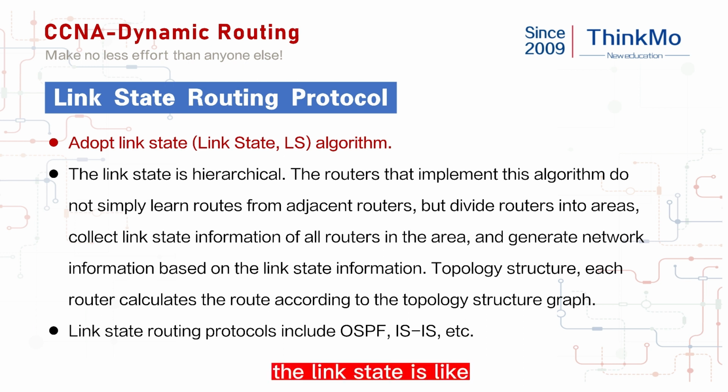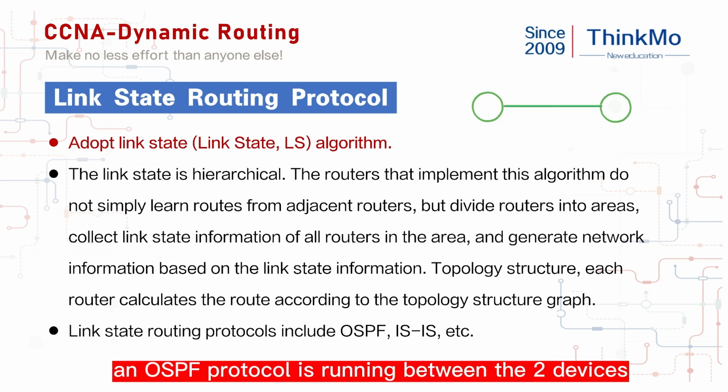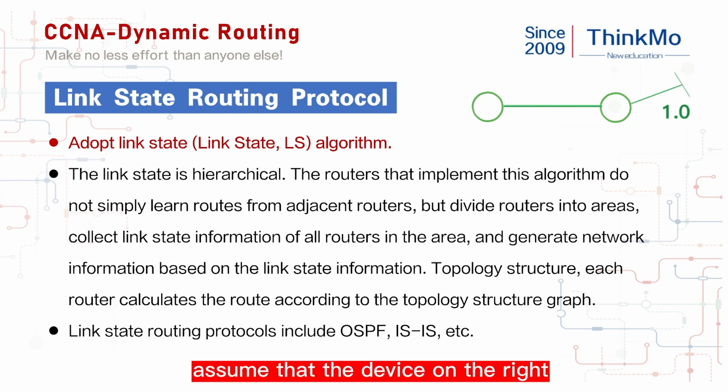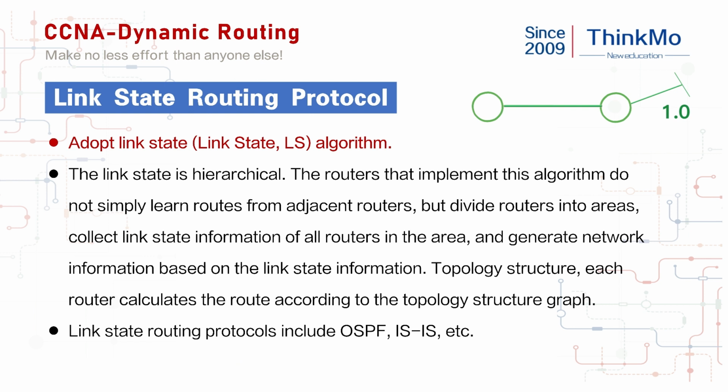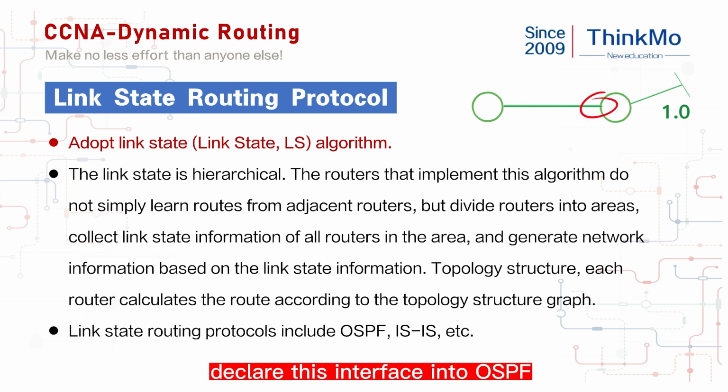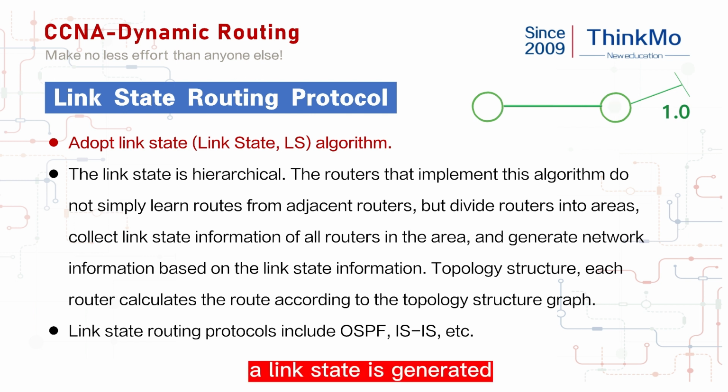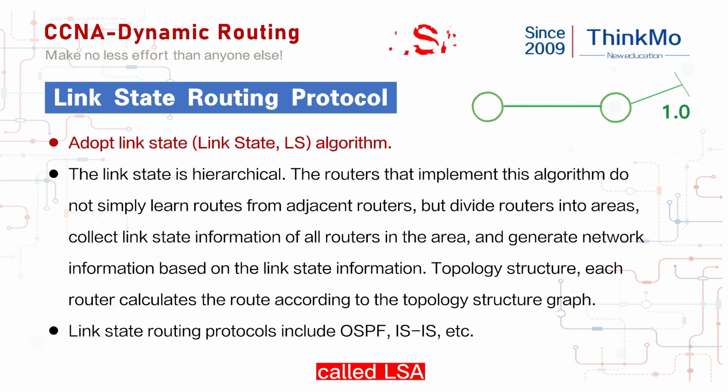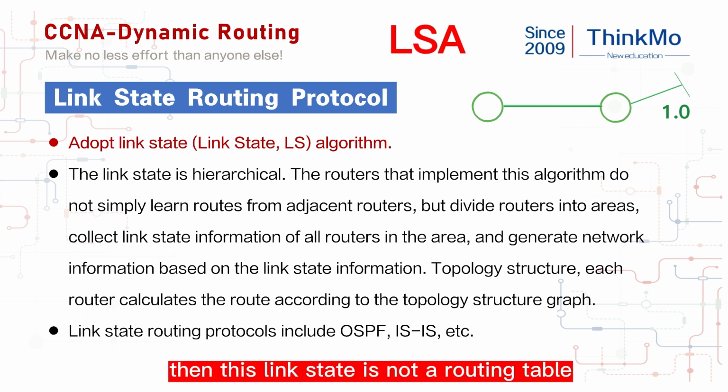The link state is like an OSPF protocol is running between the two devices. Assume that the device on the right has a network segment of 1.0. Then as long as the device declares this interface into OSPF, a link state is generated, called LSA. Then this link state is not a routing table.